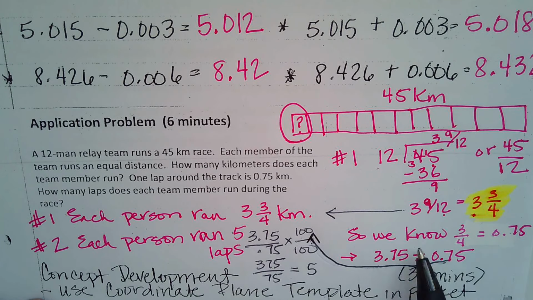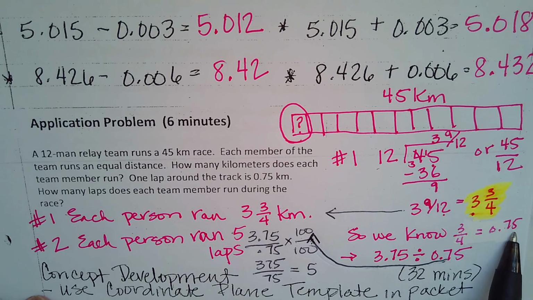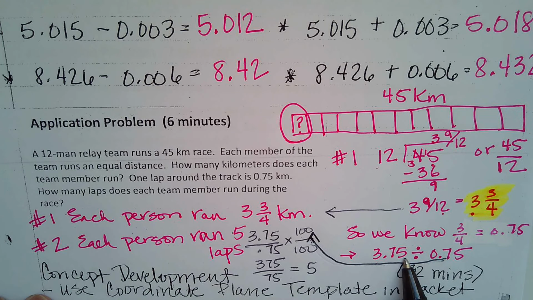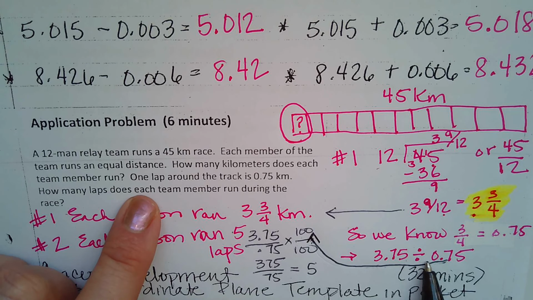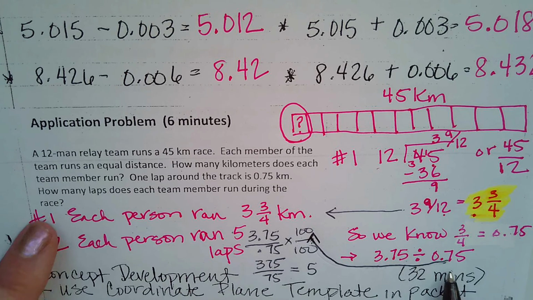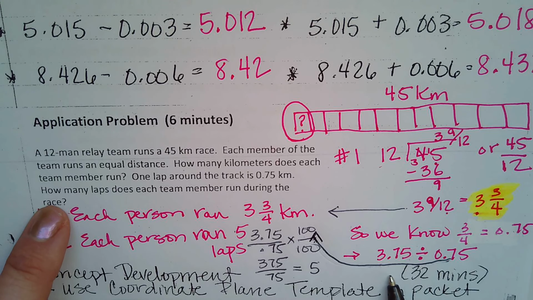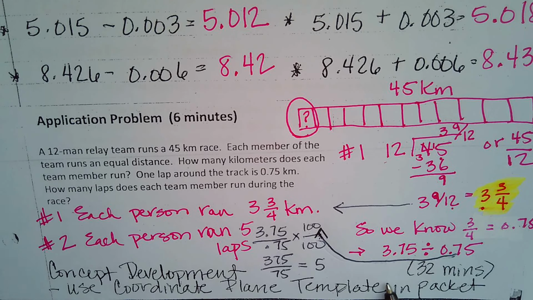Now, we know that 3/4 is equal to 0.75. So 3.75. One lap around the track is 0.75 kilometers. How many laps does each team member run during the race?